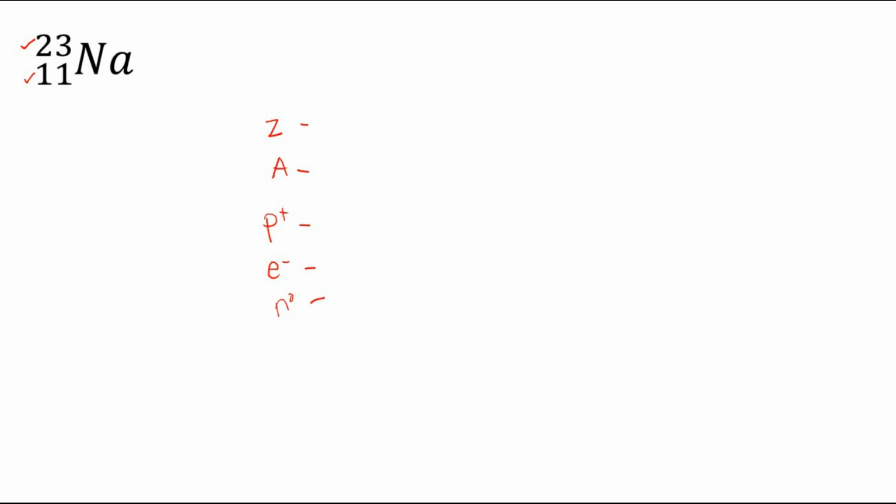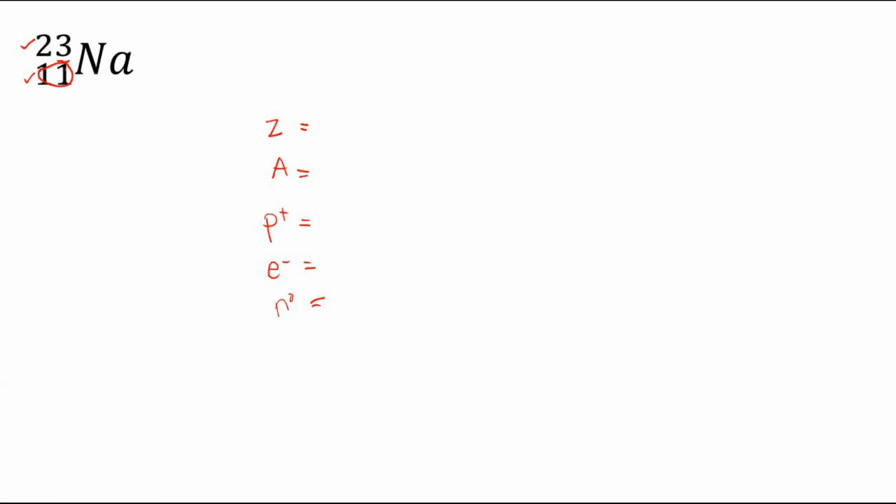First, let's talk about Z. For your Z or atomic number, according to our discussion earlier, atomic number is always the one that's below the upper script. So here, 11 is your atomic number.